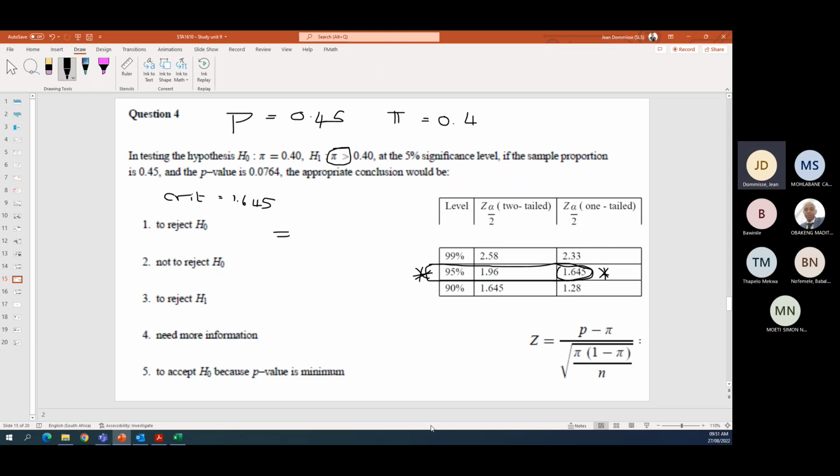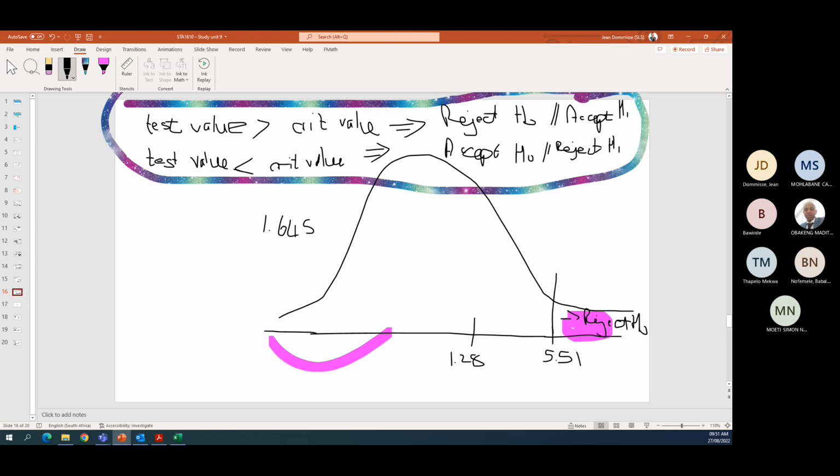Okay, so one tail. So this is now a bit different. We still have all of this information. We just need to do it the other way around.